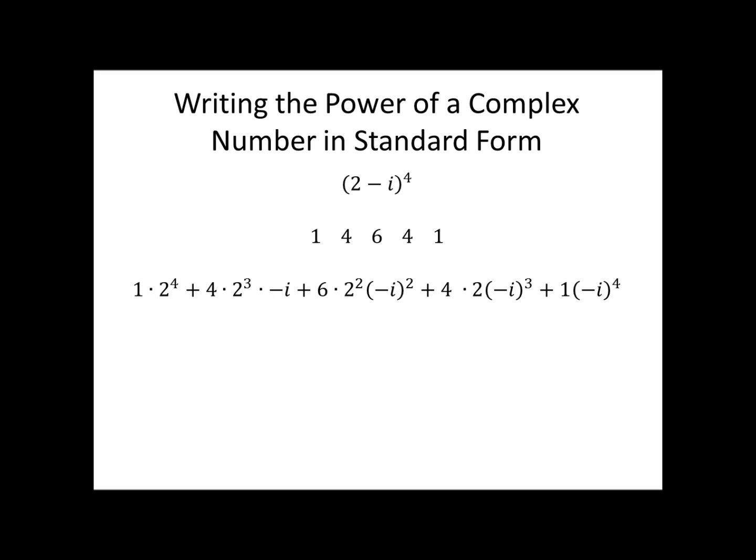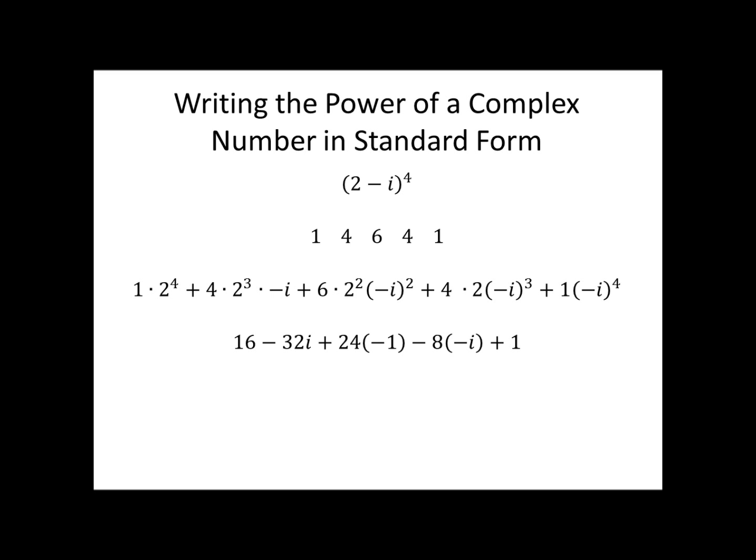Now, these negatives on these i's get the powers, and they behave just like powers on numbers. The square will get rid of the negative, the fourth power will get rid of the negative. So things start to reduce down.